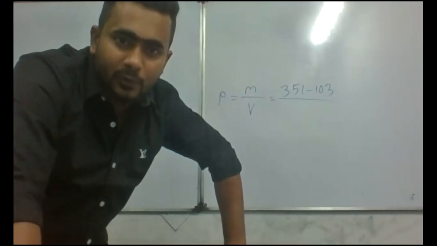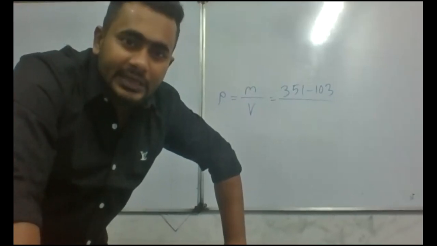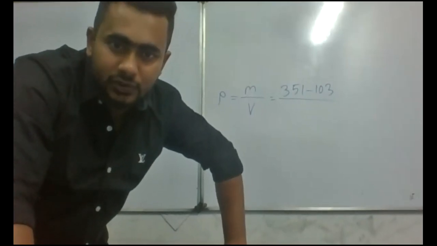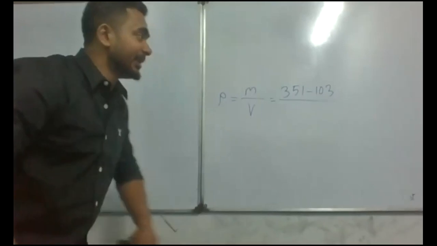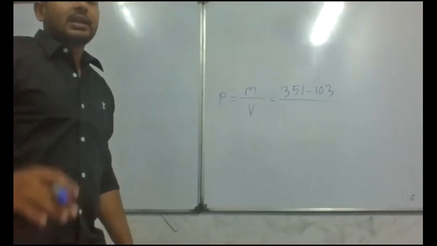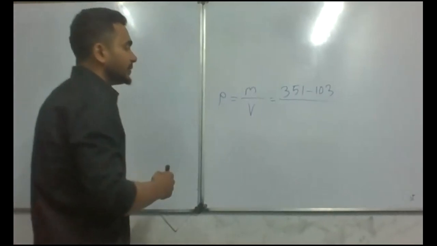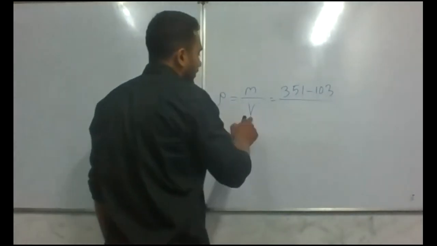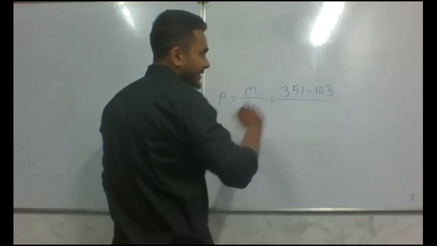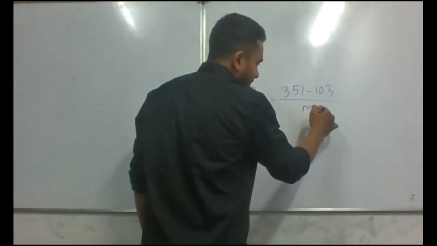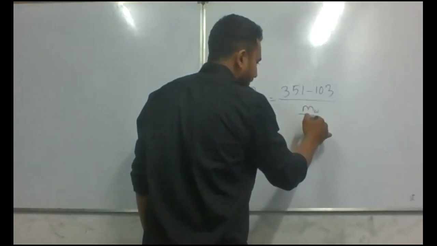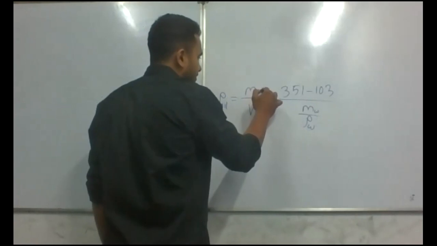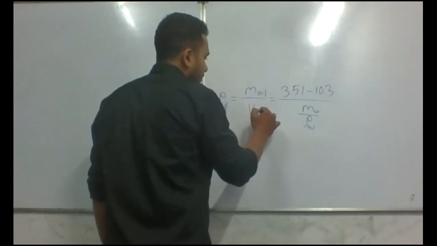So এটাকে ওয়াটার দিয়ে ফিল করা হয়েছিল, যেটার mass কতটুকু ছিল ওয়াটারের জন্য? 361 minus 103, and ওয়াটারের ডেনসিটি দেয়া আছে। তার মানে আমরা যদি ওয়াটারের ভলিউমটা জানি, that is actually the same volume for the oil, right? তাহলে ওয়াটারের ভলিউম হচ্ছে mass of the water divided by density of the water, and this is for oil, mass of the oil, volume of the oil.